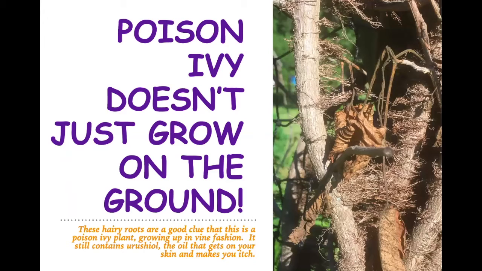Poison ivy doesn't just grow on the ground. Look at this vine. All parts of this vine with hairy roots are part of a poison ivy plant. The roots, the stems, and the leaves all contain the oil urushiol, which is responsible for causing the rash.